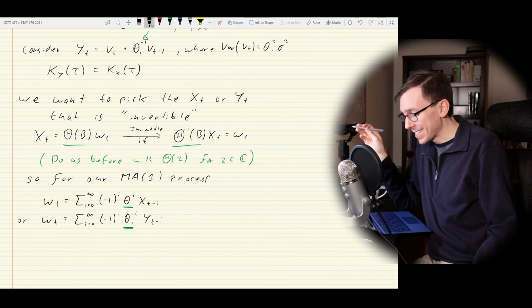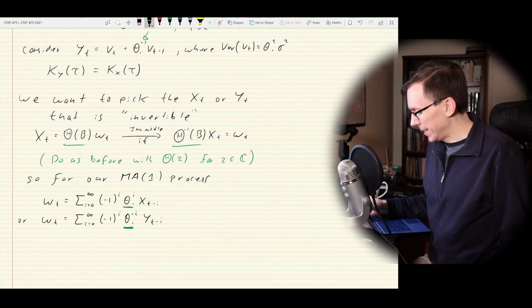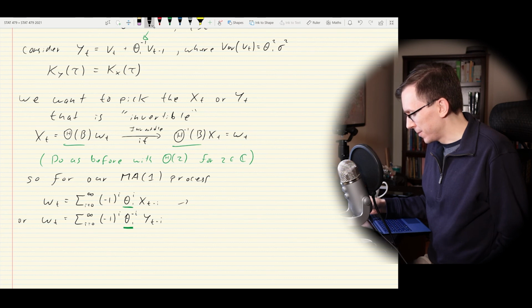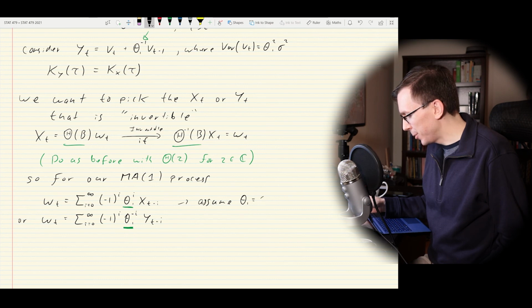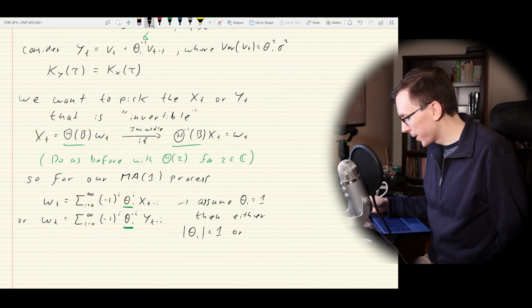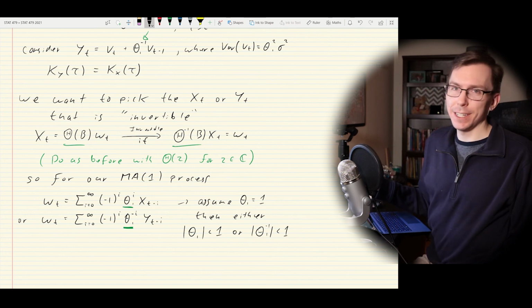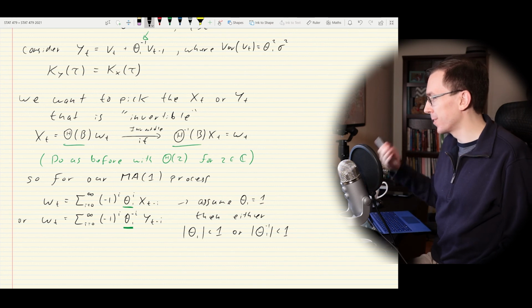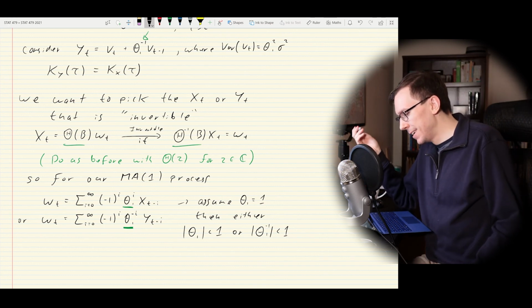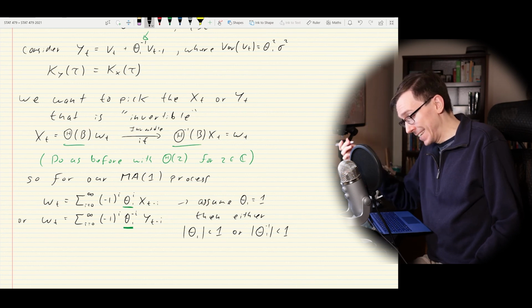And what that means is that, assuming theta is not equal to 1, then either theta_1 is less than 1 or theta_1 inverse is less than 1, which means that one of these series makes sense mathematically, that is, it converges in a mean squared sense, and one of them doesn't.